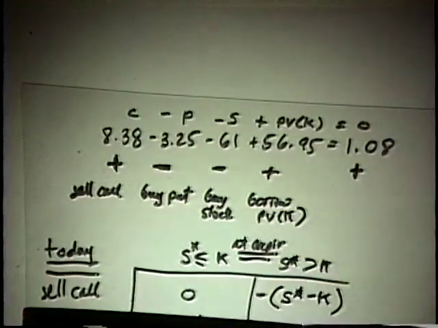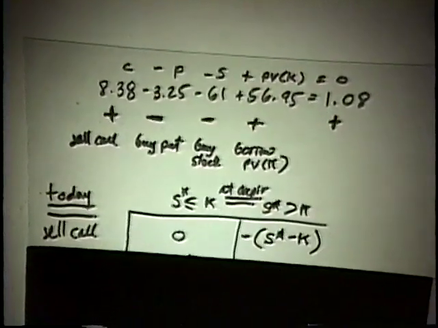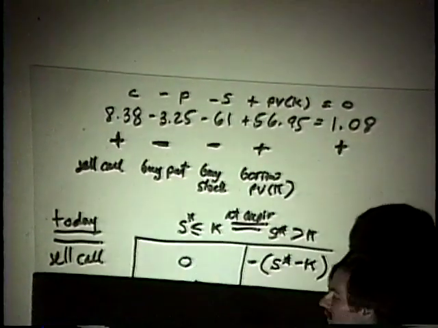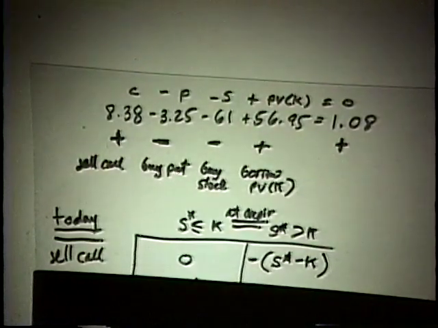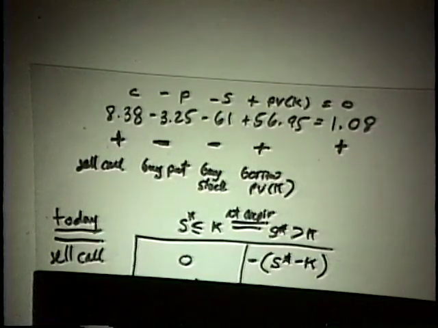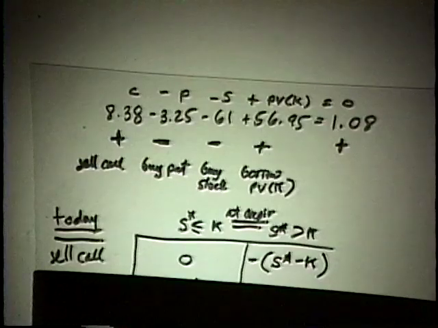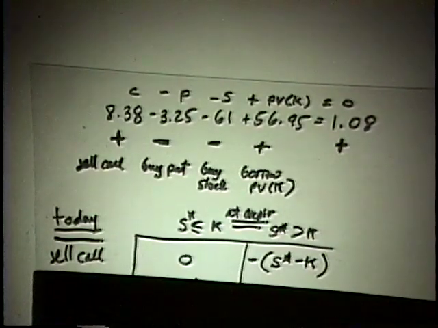The first one is selling the call. I know today I get $8.38 for that. If S star is below K, then I know that the call is worthless. The payoff is 0. If S star is above K, the person that bought the call is entitled to S star minus K. The stock price goes above 100, say S star of 110, minus the strike price of 100 is $10.